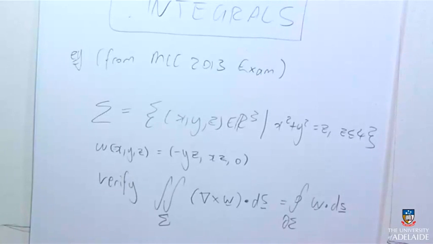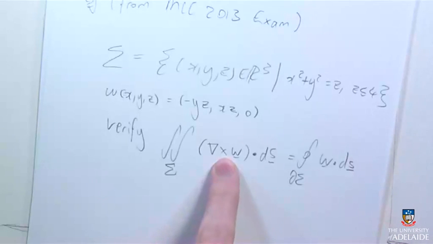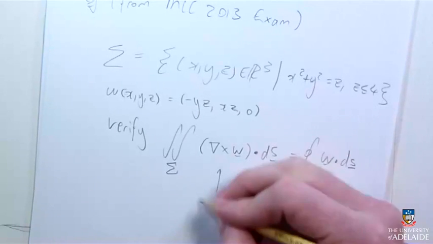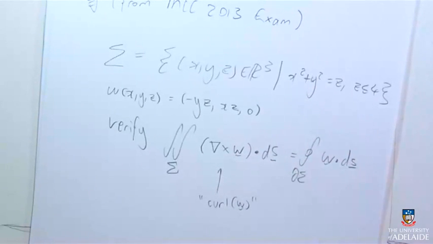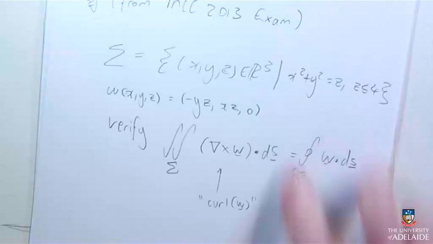I don't know what notation you use. Sometimes it's curl of W in this spot here. Your lecturer has the tendency to not put these dot product bits in here as well. And this is a capital S and this is a small s.